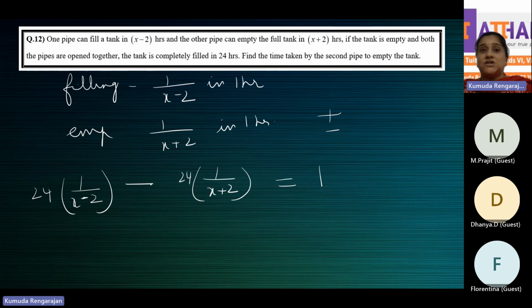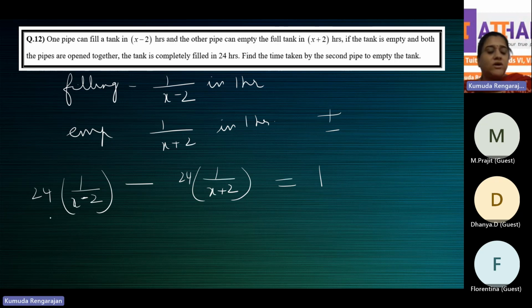If one pipe is filling, the other pipe is also filling, then you can add. If one pipe is emptying, the other is also emptying, you can add. When they're doing the same actions, you can add. When they're doing opposite actions, you cannot add, you'll have to subtract. Correct?